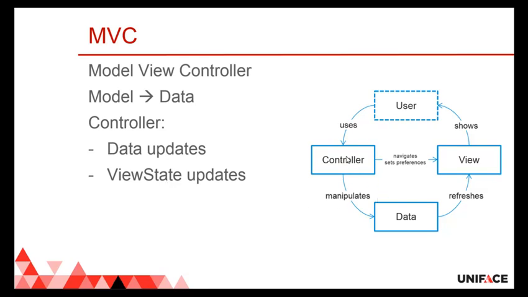So a controller, if it manipulates data, the data is refreshed into the view, but the controller can also directly update the view state, and that skips modifications to the data. It will immediately affect the view. So the user uses the controller to manipulate data, the data refreshes the view, which is then shown to the user, or the user uses the controller to navigate to another part of a view, which is then immediately shown to the user.